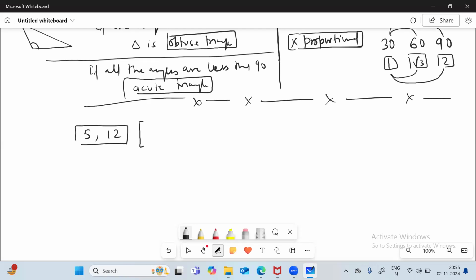Then what could be the measure of the third side so that we can make a triangle? Can we make a triangle taking 4 as x or not? I'm talking about the restriction on the size of sides while making a triangle. Okay.